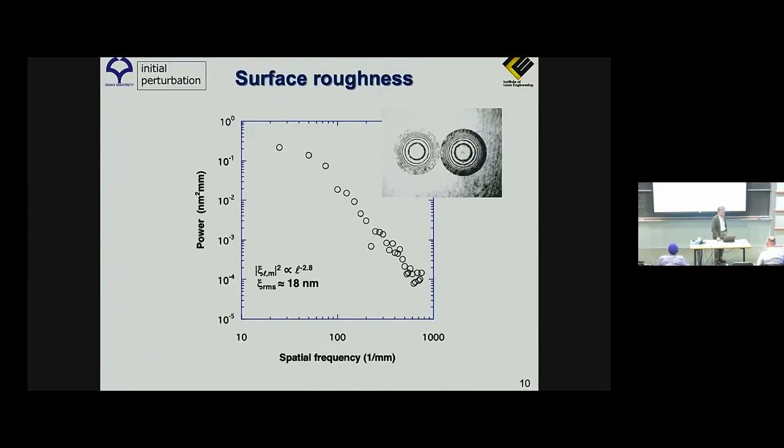So, okay, the perturbation. Surface perturbation is very accurately measured. And in this particular example, the surface roughness is 18 nanometers, very, very smooth, with a very well-known power scaling.